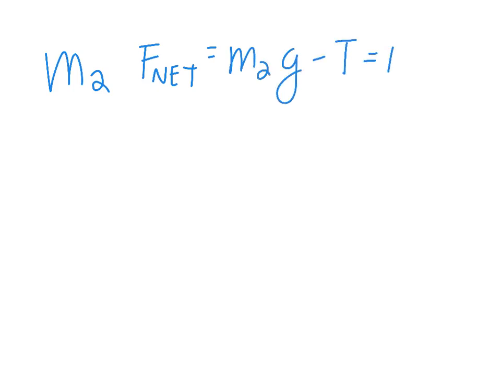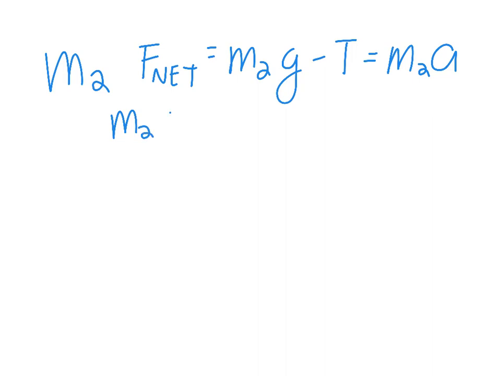So now for m2, we have my force net, the total force, is equal to m2g minus T. That's because I have to flip my coordinate system. It travels with the system. Okay, so this is also equal to m2a because it is moving.